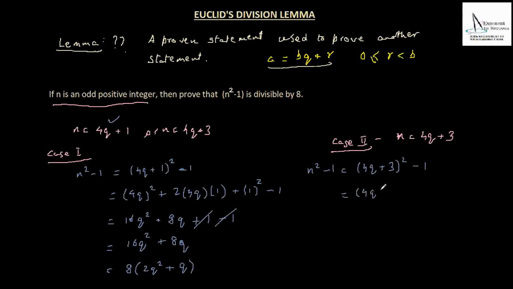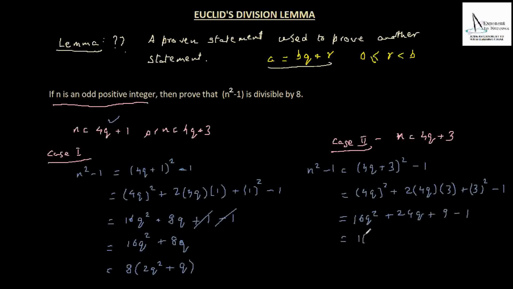Simplify that, so that again becomes a square, so 4q whole square plus 2ab, so 2 times 4q times 3 plus b square, so that's going to be 3 square, and we've got minus 1 in the end. So simplifying that, we get 16q square plus 2 times 4q is 8q, 8q times 3 is 24q, plus 3 square is 9 and minus 1.